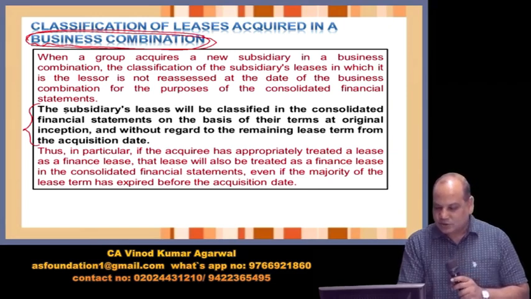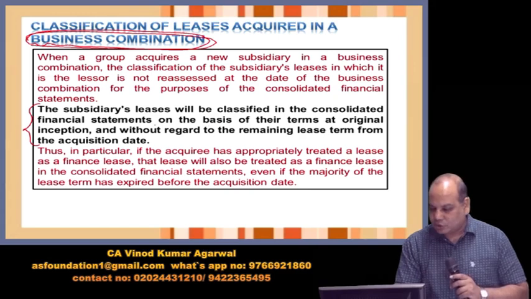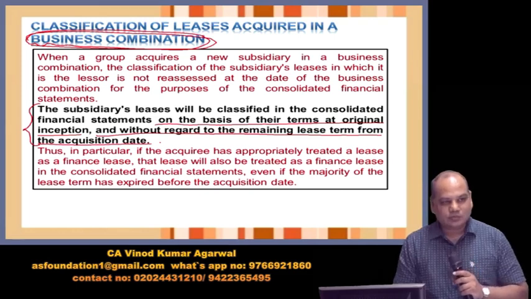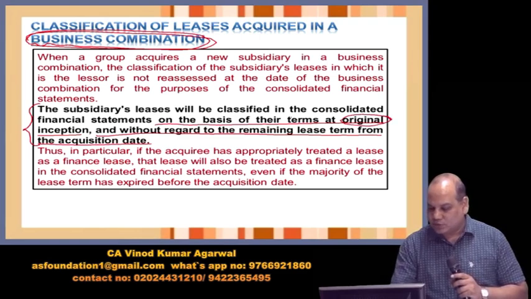So this sentence in the center: the subsidiary's lease will be classified in the consolidated financial statements on the basis of its terms at original inception and without regard to the remaining lease term from the acquisition date. So the classification will be based on original inception.